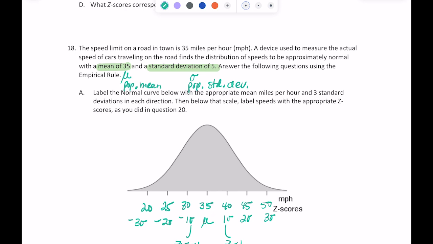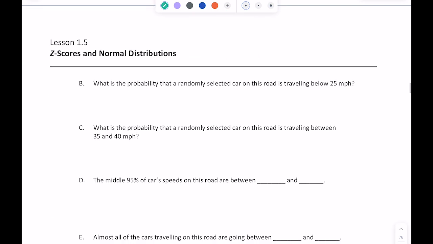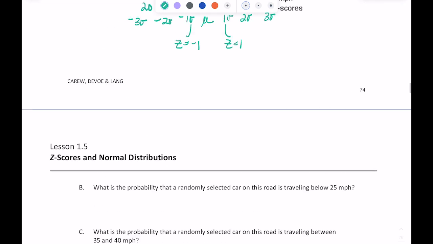So if you're a car and you're traveling 30 miles per hour, you're actually 1 standard deviation below the average speed of the cars on that road. So then answering these questions, what is the probability that a randomly selected car on this road is traveling below 25 miles per hour?